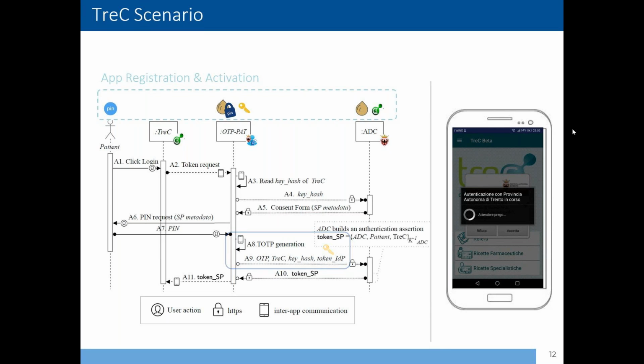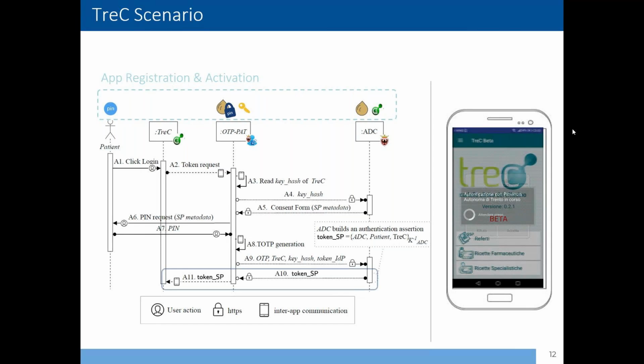With this value, the identity provider will check these values, and if they are correct, it will build an authentication assertion containing the patient identity, and this assertion is sent back to the Tracee application.